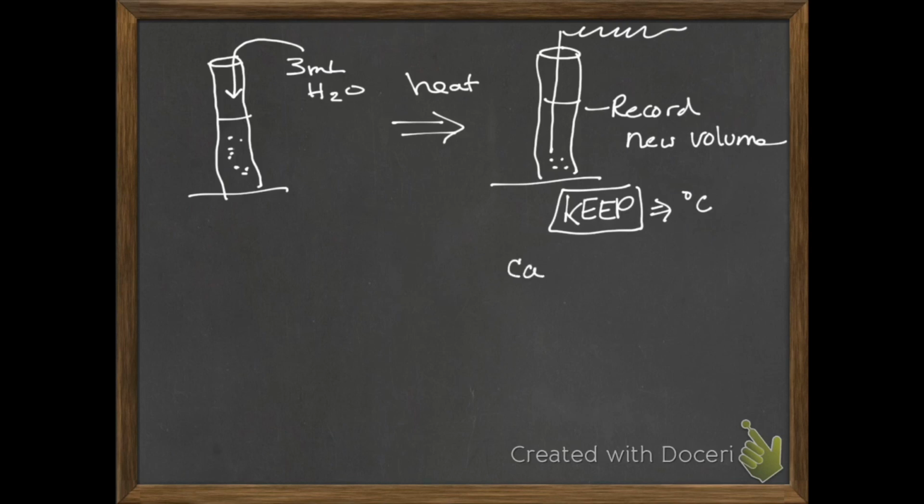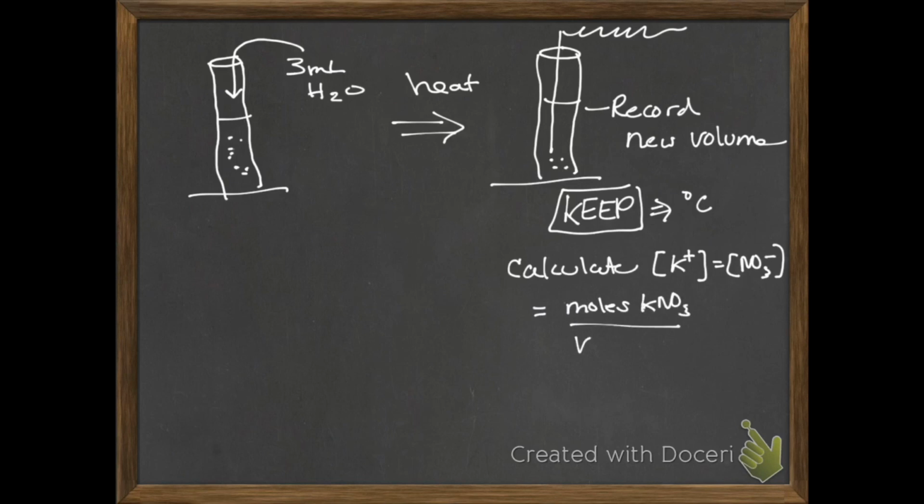So we can calculate the concentration of potassium and nitrate in this new solution. We know potassium concentration equals nitrate concentration, and that equals the moles of the potassium nitrate divided by the volume of the solution, just like we talked about before. In this case, the moles of potassium nitrate are the same.